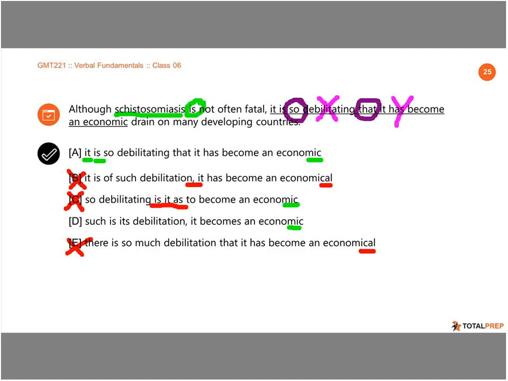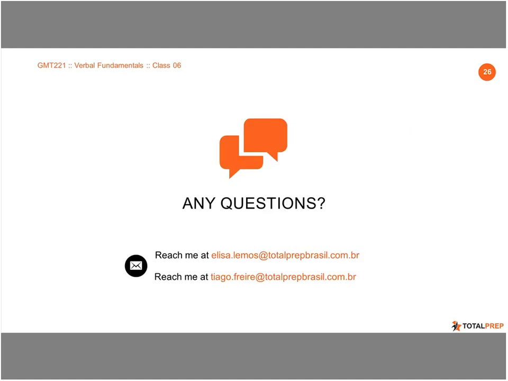That's very weird. It's a really weird construction. D. Such is its debilitation. Okay, this "it" here is ambiguous. Debilitation of what exactly? We don't know. And you would need "that" over here. It becomes an economic, so that's why D is wrong.